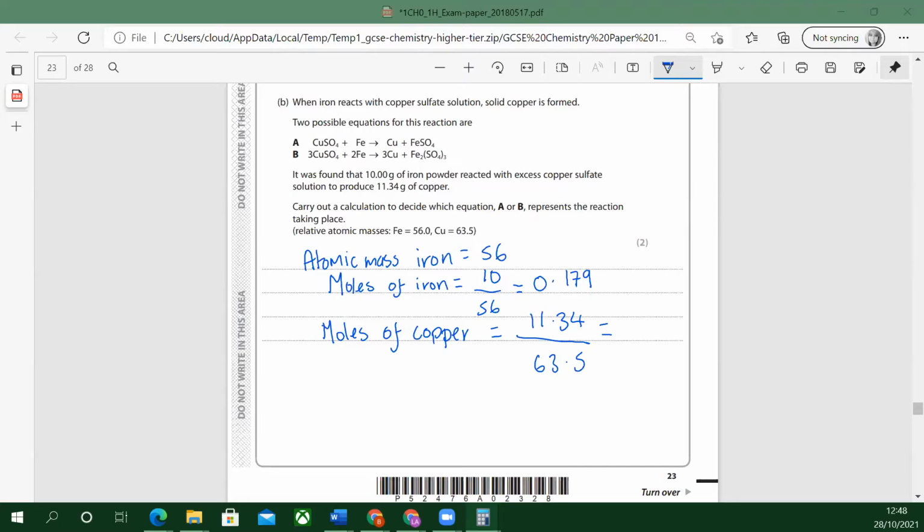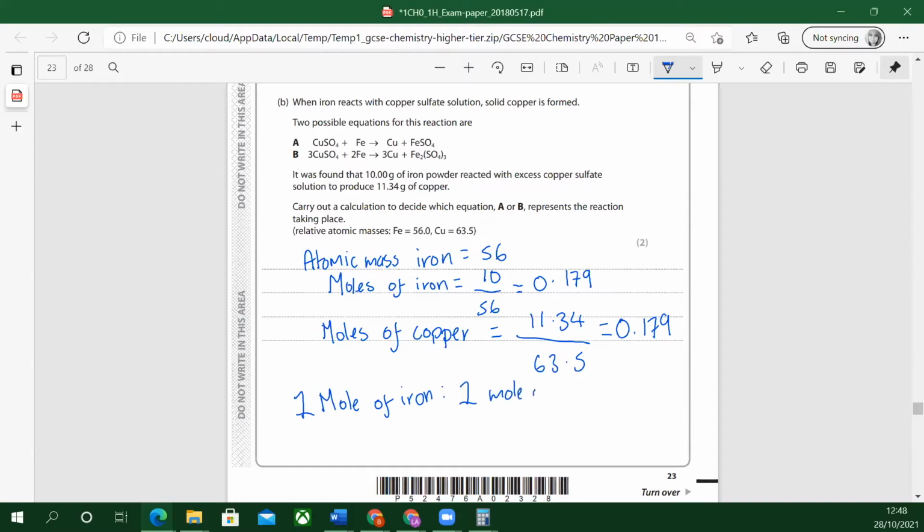Yeah, same answer, 0.179. So the ratio is 1 mole of iron to 1 mole of copper. So reaction A. If it hadn't, it would be reaction B. There's only 2 reactions, so just try one of them out.